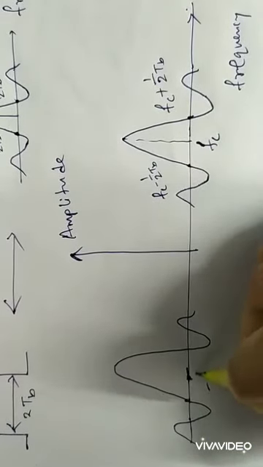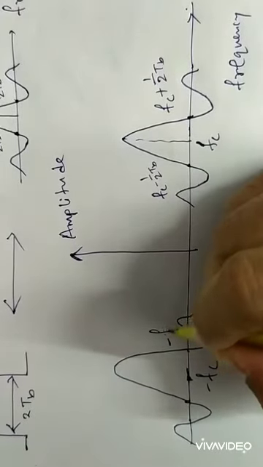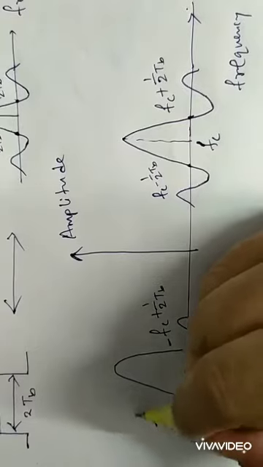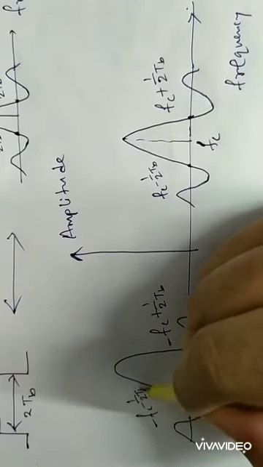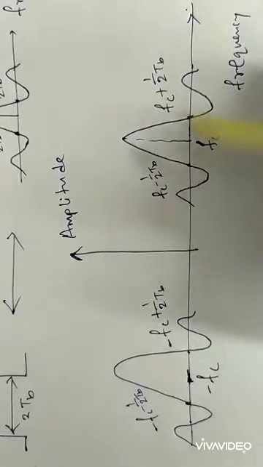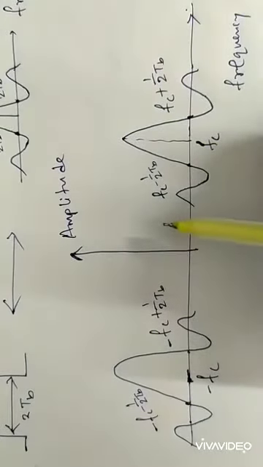That point must be minus fc, this is minus fc plus 1 by 2 TB, and this point is minus fc minus 1 by 2 TB. So we get this signal in the frequency domain.